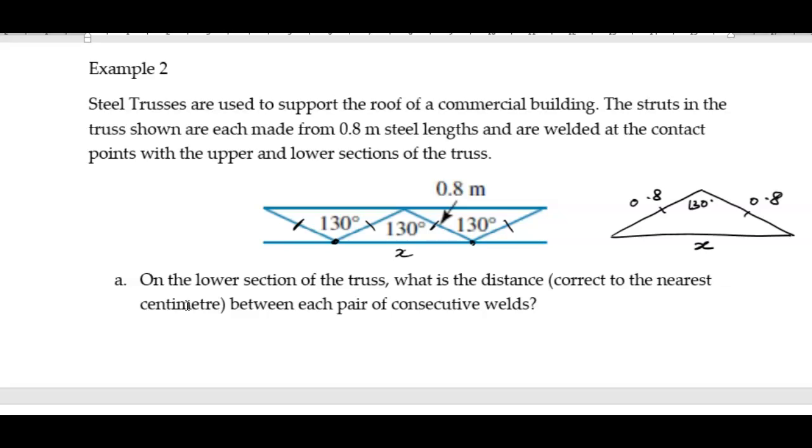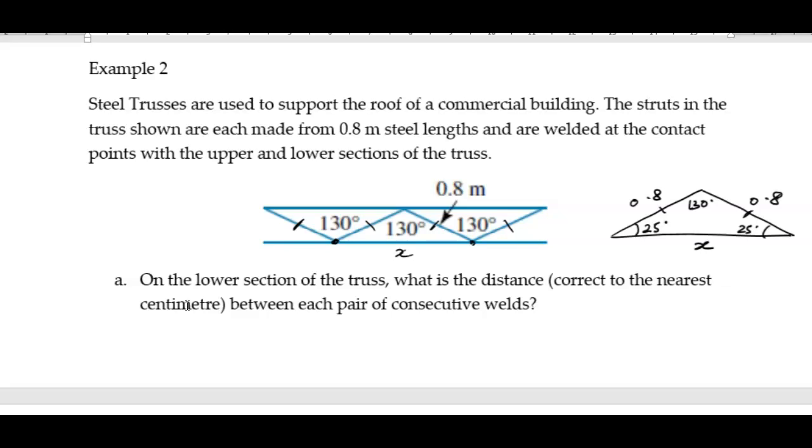We also know that all angles in a triangle add up to 180 degrees. So if one angle is 130, the remaining two angles should add up to 50, and half of 50 is 25 degrees each, since the angles opposite the equal sides are equal.